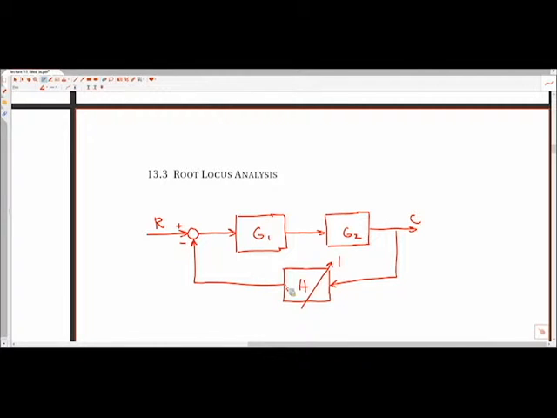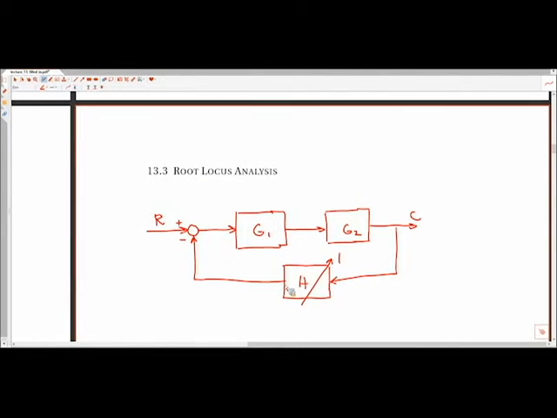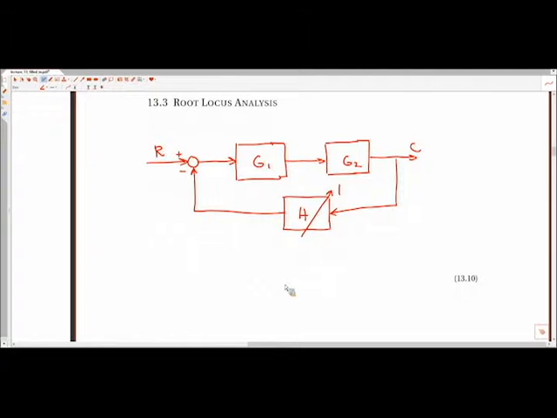Okay, what we're going to do when we talk about root locus analysis is simplify this a little bit. G1 has dynamics to it. If it's a proportional term, an integral term, or any other controller besides a proportional controller, it's going to have dynamics to it.